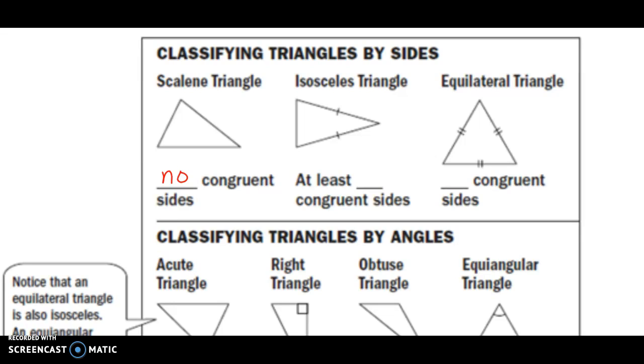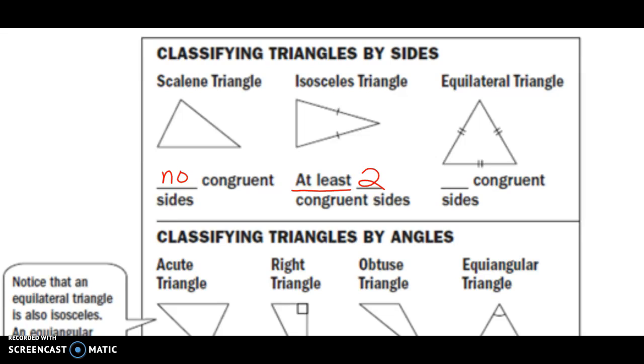Isosceles. Now I want you to underline this. At least. At least is kind of weird for a definition. At least 2 congruent sides. Now, yes, the most common isosceles triangle that we know about has 2 congruent sides. But what does at least mean? 2 or more. What's the most number of sides we have in a triangle? 3.